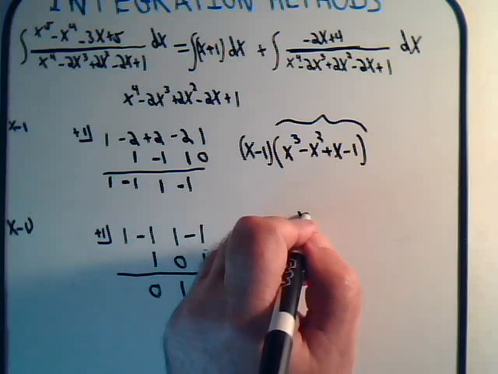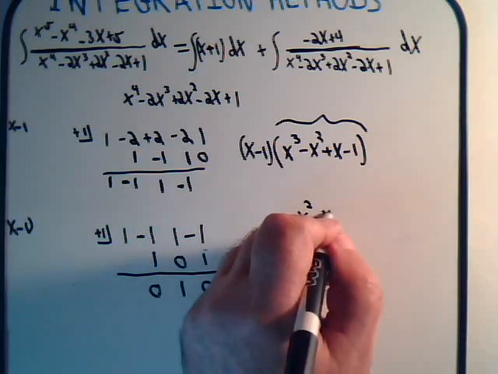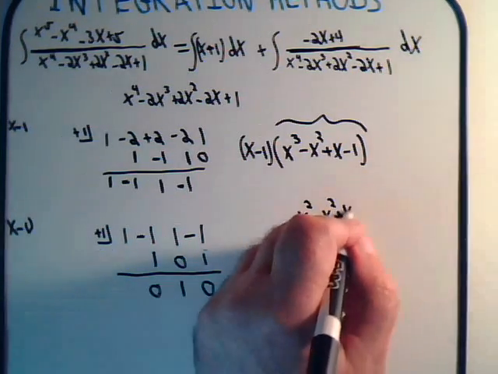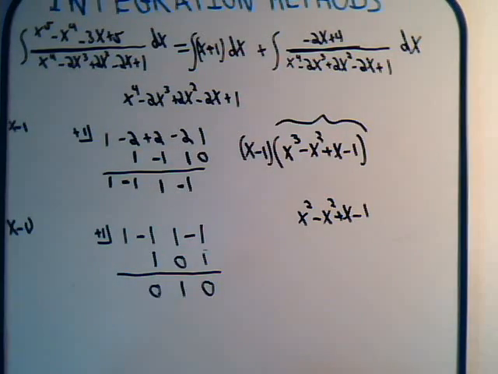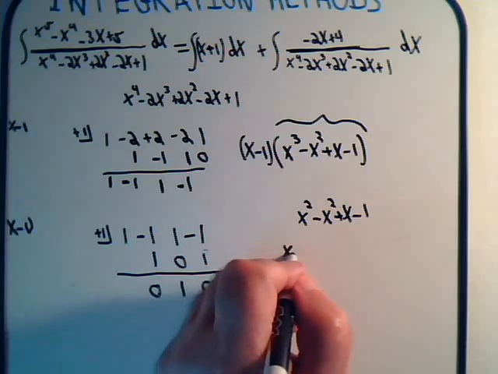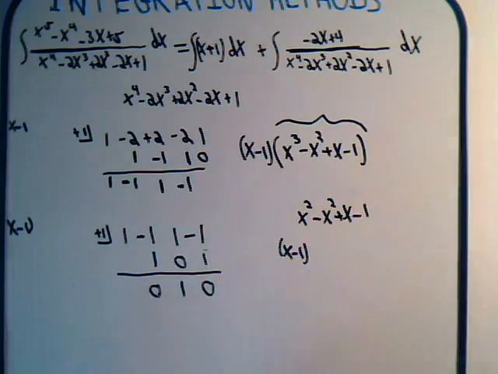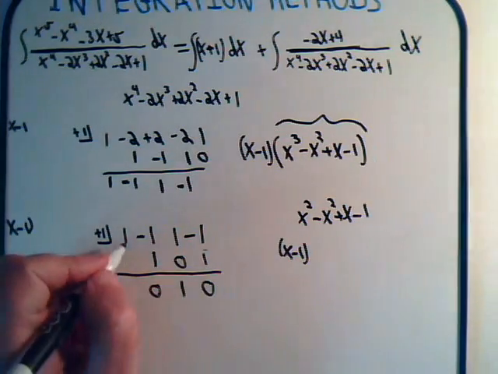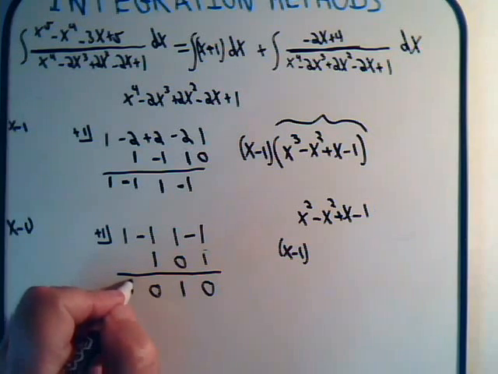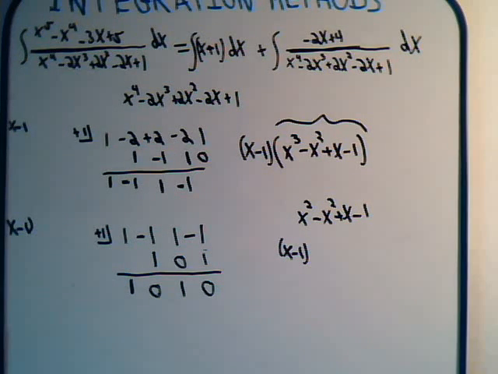So for x cubed minus x squared plus x minus 1, this is a factor: x minus 1. And x minus 1 times what? We'll bring this down. This is now the coefficient of x squared.